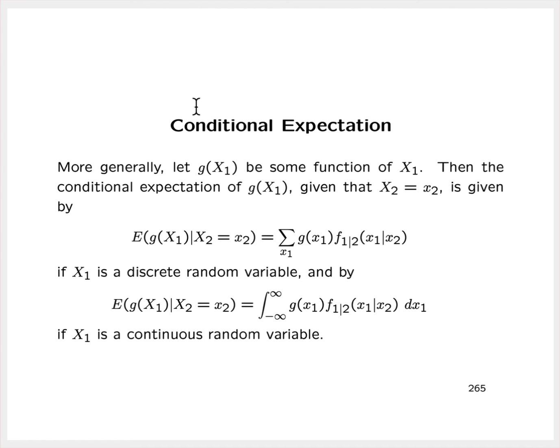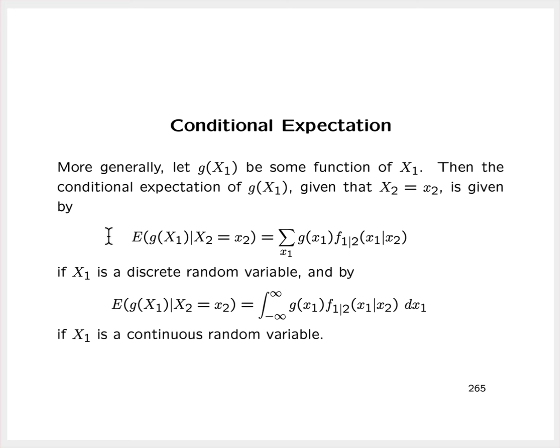Now, more generally, we can think about the conditional expectations of functions of random variables. And so let g of x1 be some function of x1. Then the conditional expectation of this function g of x1, given a particular value of x2 in its sample space, is going to be exactly what we would expect based on our previous experience thus far.